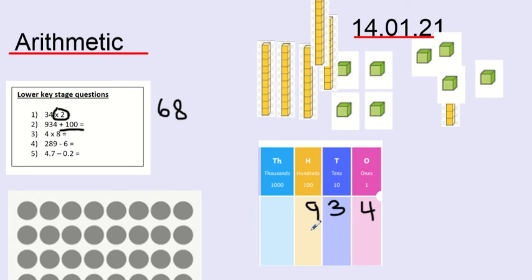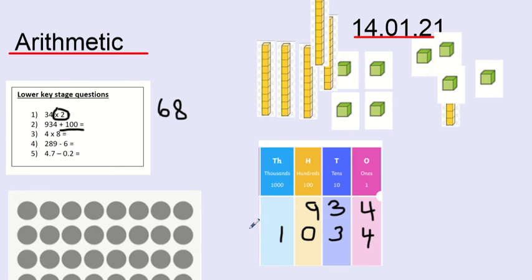Now, if I've got 900 and I add 1 more 100, what do I get? That's it, I get 1,000. I've got no hundreds. I didn't add anything to my 10s or my 1s. They don't change, they remain the same.